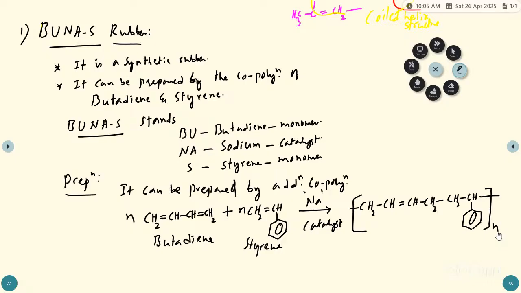This is known as Buna S rubber. So this is the addition copolymerization, the preparation of Buna S rubber. Is it clear?